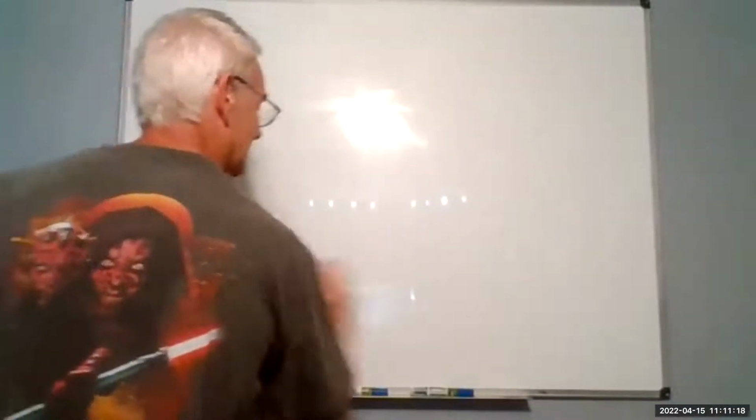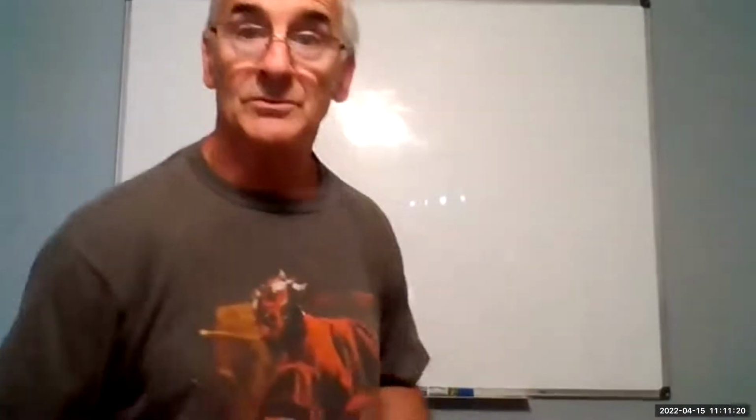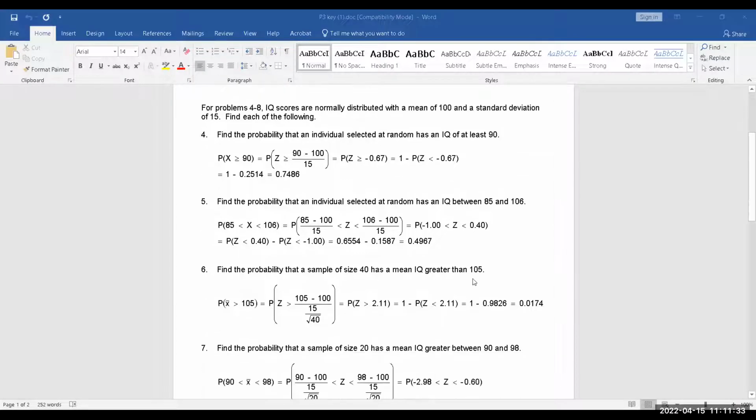Now, the next thing we did was, instead of simply giving you a z-score and asking what's the probability, which is pretty easy because I just look it up in a table, the next cluster of problems is a situation. I like using IQs because their numbers are so friendly.